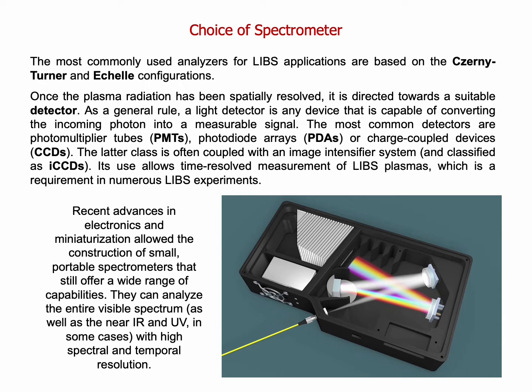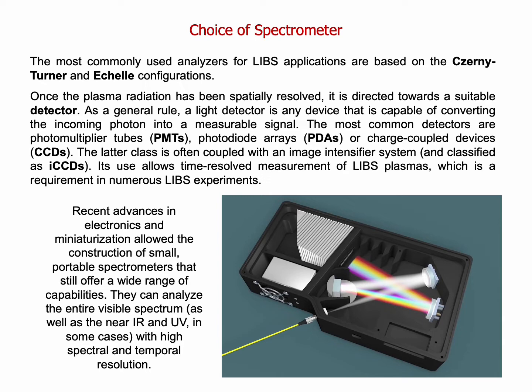Once the plasma radiation has been spatially resolved, it is directed towards a suitable detector. As a general rule, the light detector is any device that is capable of converting the incoming photons into a measurable signal, generally a current or an electric potential difference. The most common detectors are photomultiplier tubes, photodiode arrays, or charge-coupled devices, or CCDs.